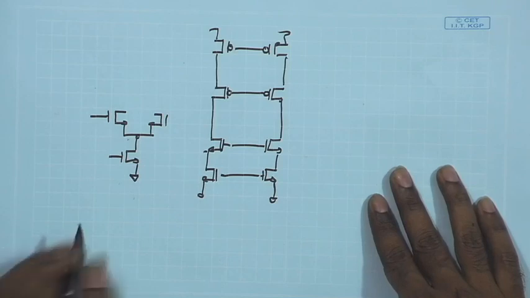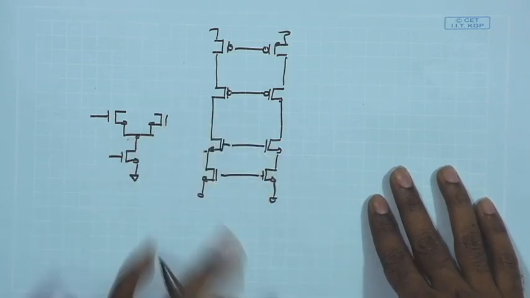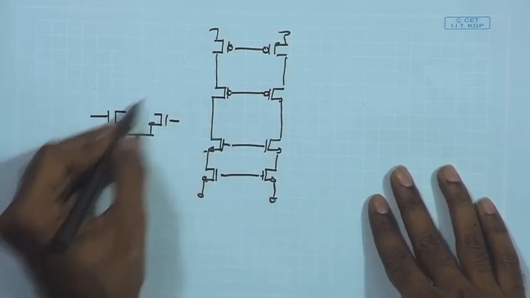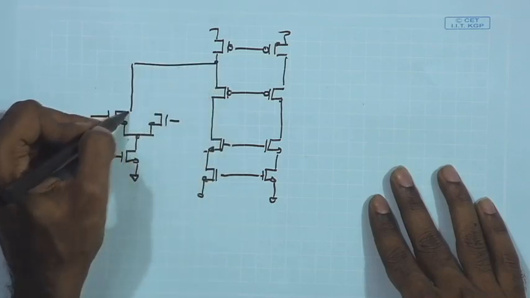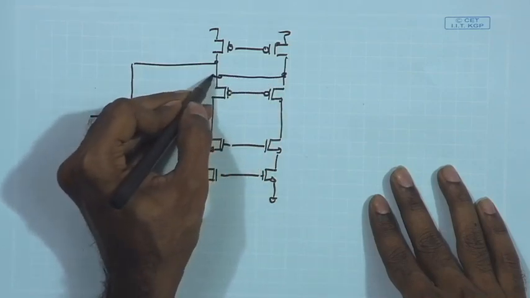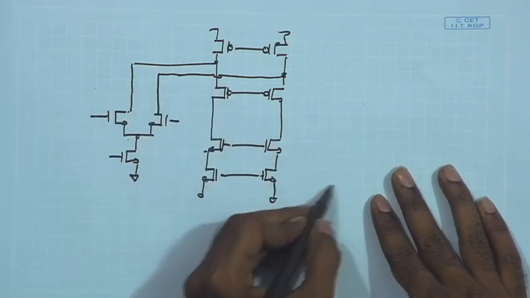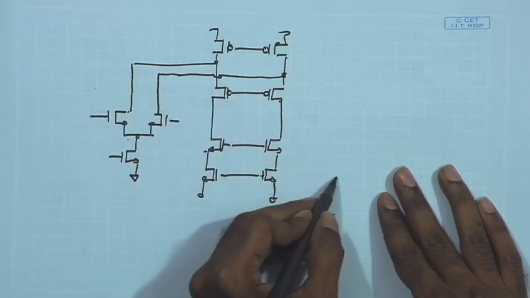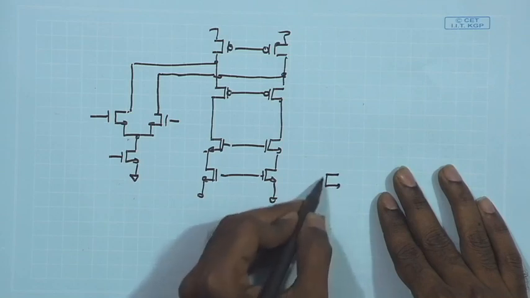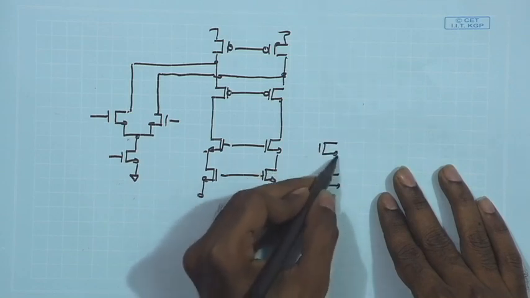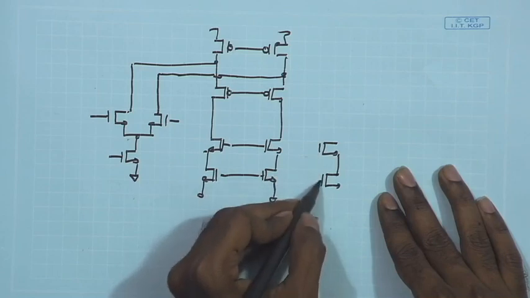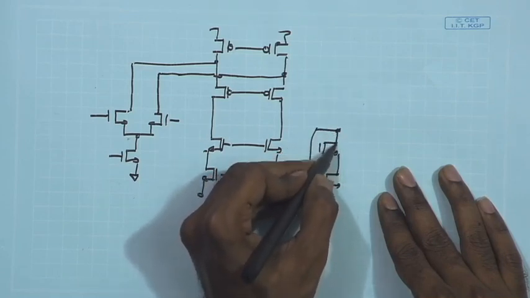So we discussed how to bias the NMOS transistors in the bottom stack. So quickly let us redraw that. Here, for biasing the stack over here, we can use the cascode scheme that we discussed, the reduced swing cascode.